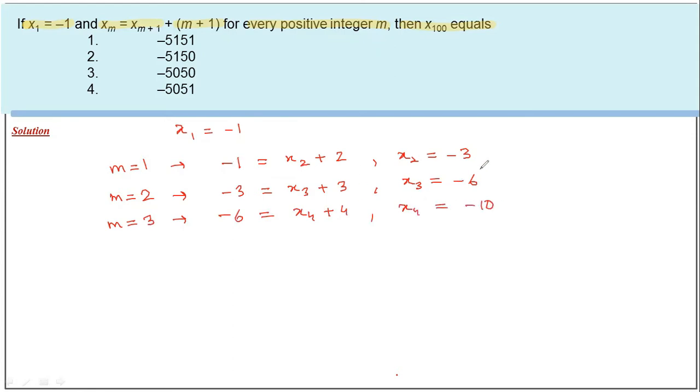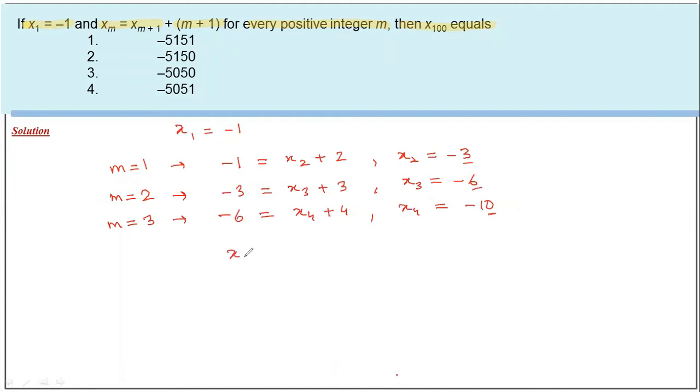So if you notice the pattern, these numbers are the sum of first two natural numbers, which is 3, first three natural numbers, which is 6, first four natural numbers, which is 10.